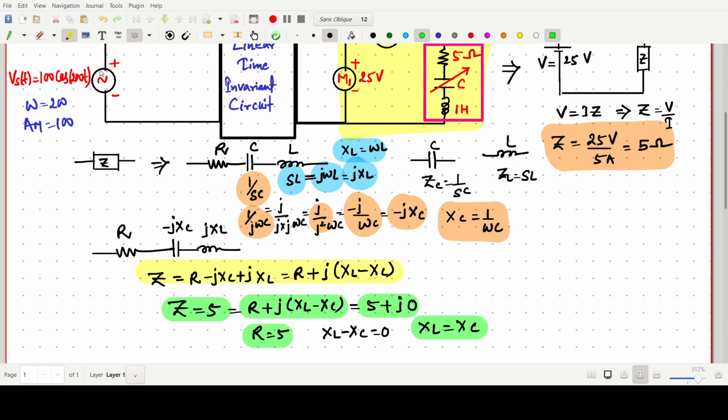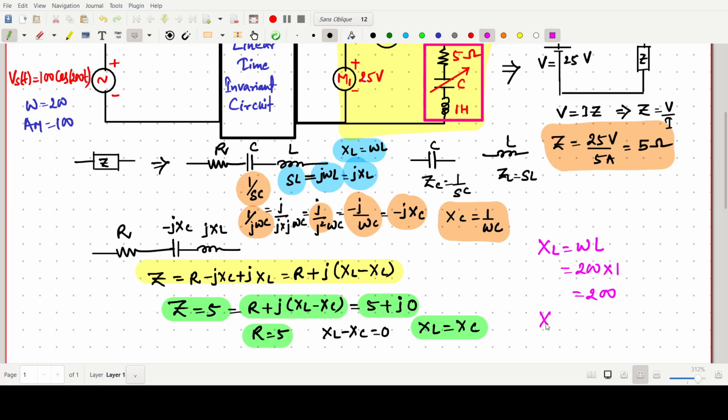Okay, now we have some data. The value of XL is omega L. Omega value is angular frequency 200 into L value is 1 Henry. So XL value is 200.